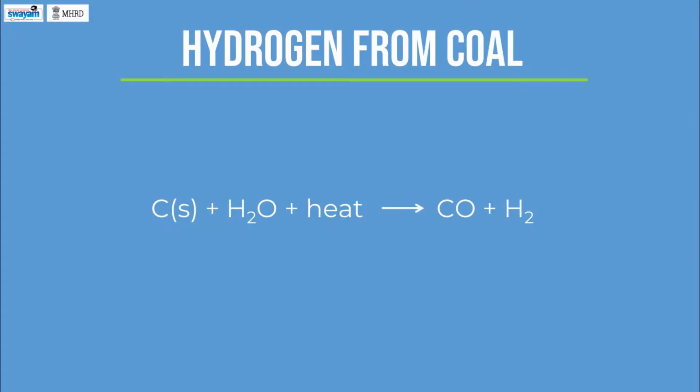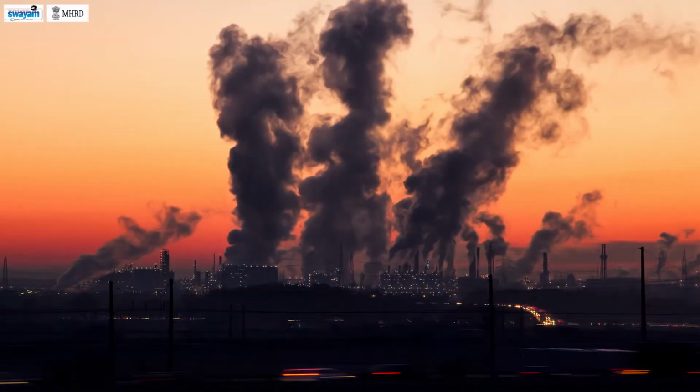Gasification of the coal is represented by the following equation: carbon plus water plus heat produces carbon monoxide and hydrogen. The major drawback of using non-renewable sources such as fossil fuel for hydrogen generation is that it will lead to the emission of greenhouse gases, mainly carbon dioxide.